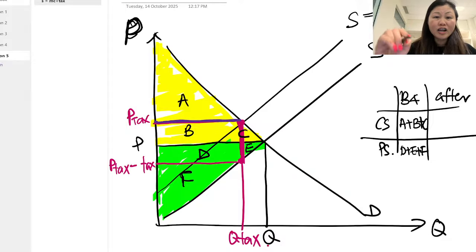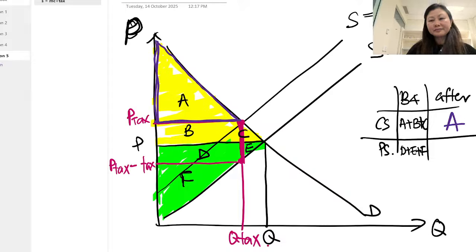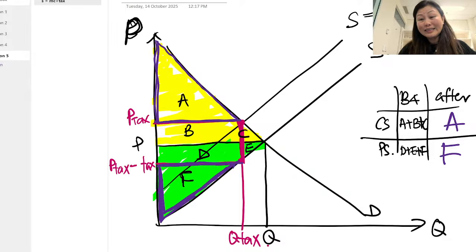So the area below the demand curve and above our price, that's area A. For the suppliers, it is the area above your supply curve, but we're going to only receive up until P tax minus tax, and below our price, and therefore that's F. So clearly you can see here, this is gone, this is gone.